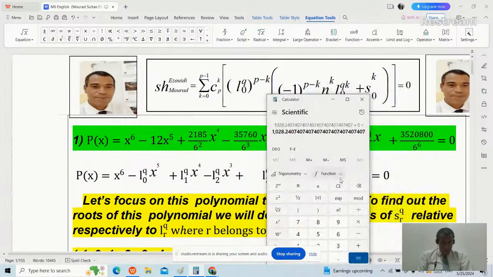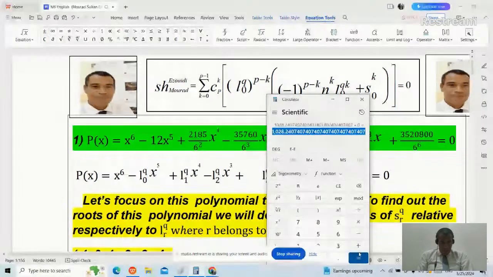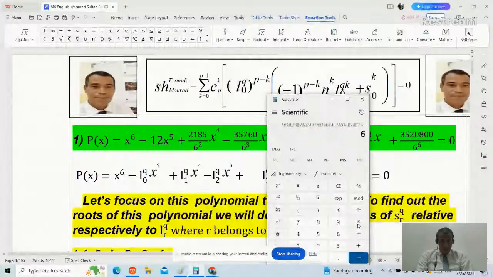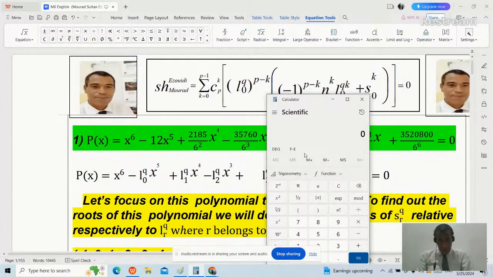Here we just copy this, multiply, equal 0 multiplied by 6 raised to the power 6. Just a moment, I will just do it again.